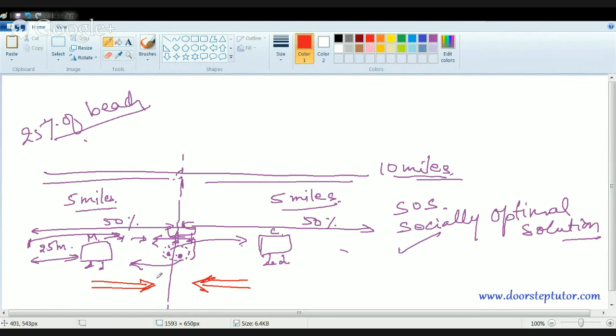At this position, what would happen is, I would try to locate my cart and my cousin would try to locate his cart neck to neck. So both the carts would be located in the center of the beach, neck to neck. And this position which is reached is known as Nash equilibrium.